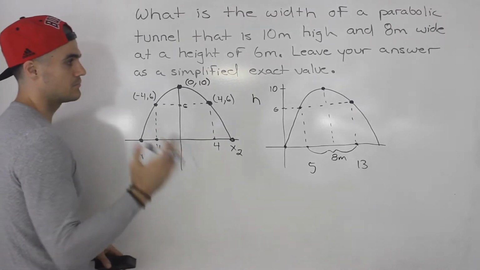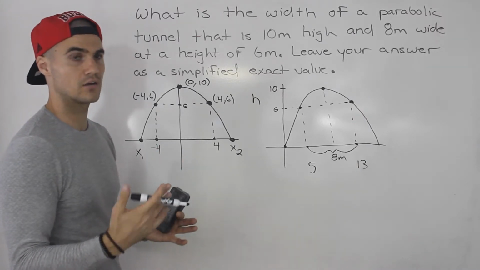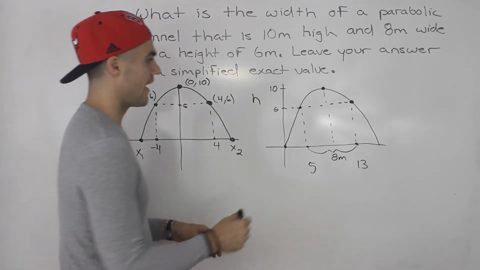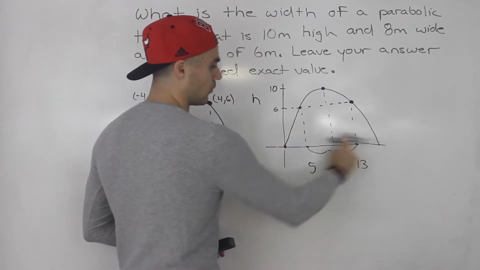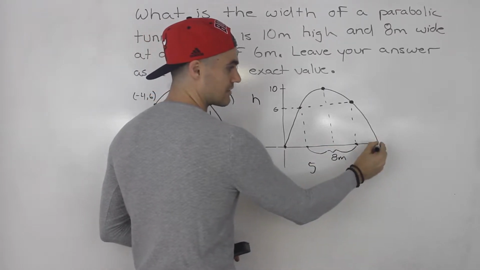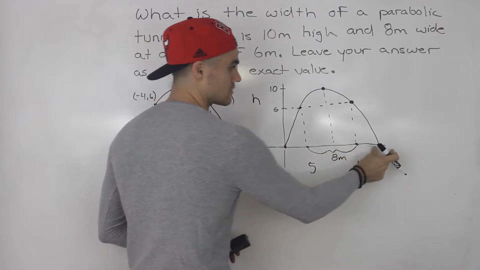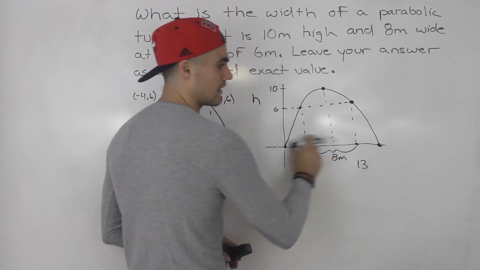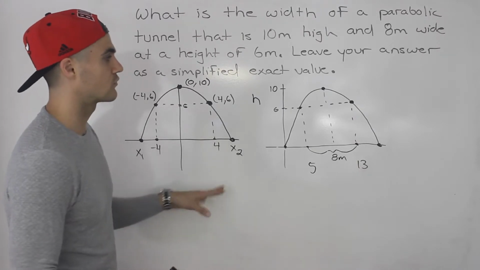Right? So in previous questions, usually we're given the width of a parabolic tunnel or a parabolic bridge. Then I would draw it like this, because then if you know the width, this is at 0 and 0, you just add the width and then you can get this point. So if the width is maybe like 11, this would be 0, 0, this would be 11 and 0. And then you have the two x-intercepts, you could put it in factored form, you could work from there.